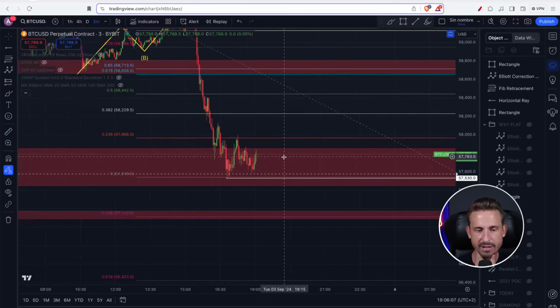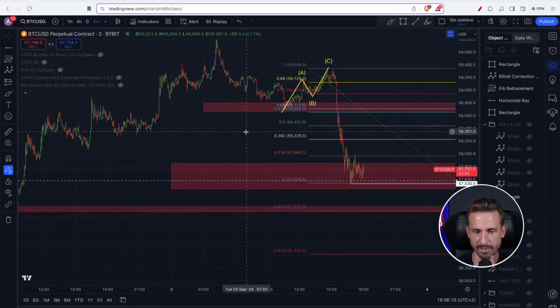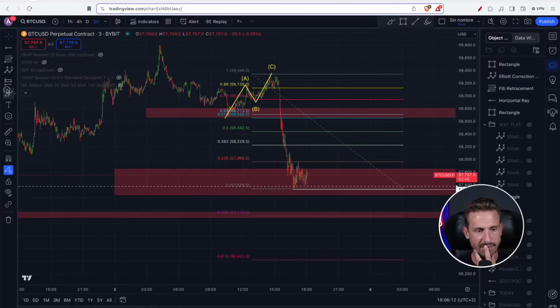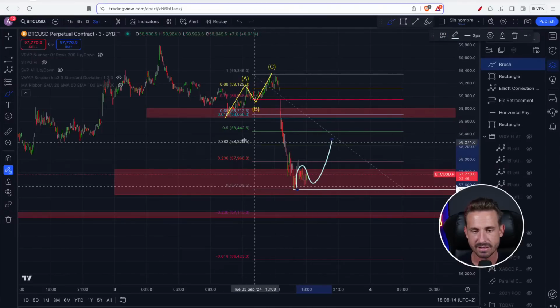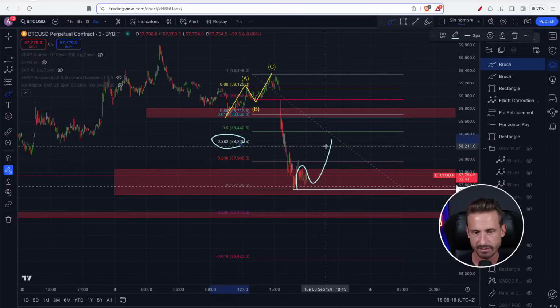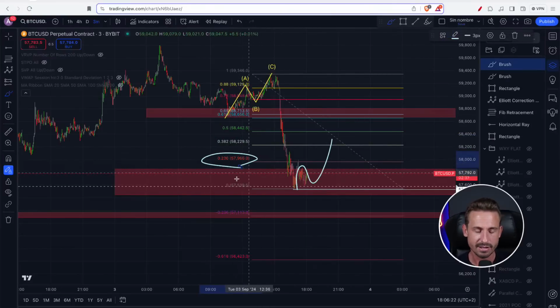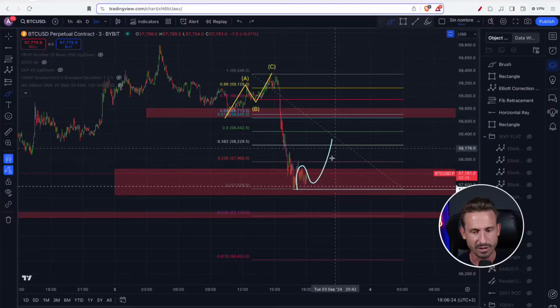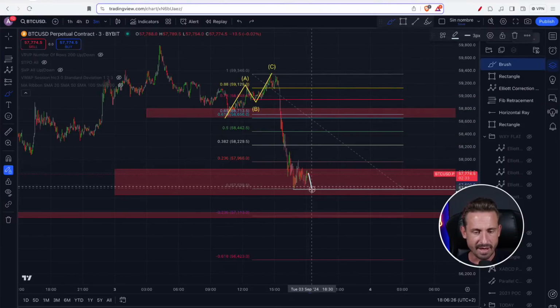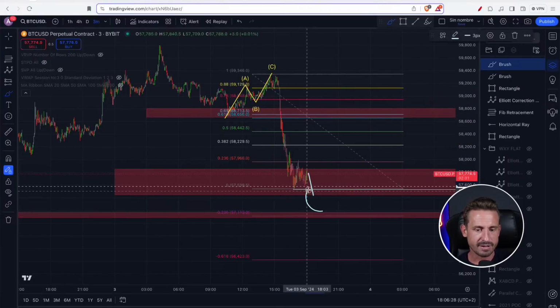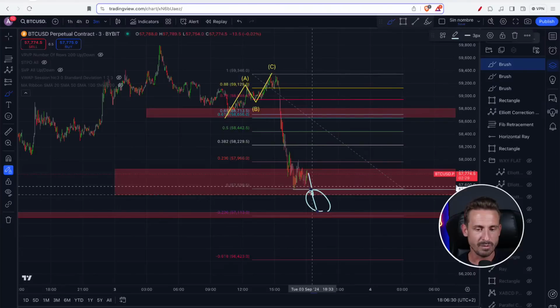I would rather speculate that this movement down needs a corrective move at least to the 382 Fibonacci as a minimum requirement, the most likely requirement. A minimum requirement here is the 236 on a wave 4, meaning that the movement down here will not have steam to create a big impulsive move without getting a major move to the upside.